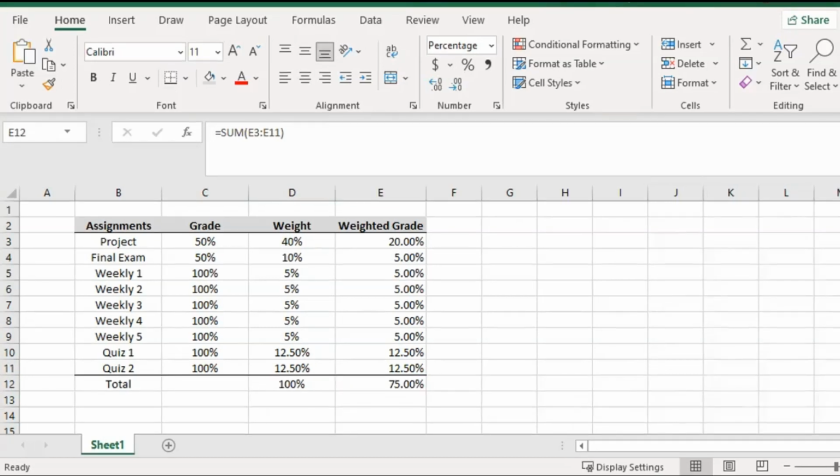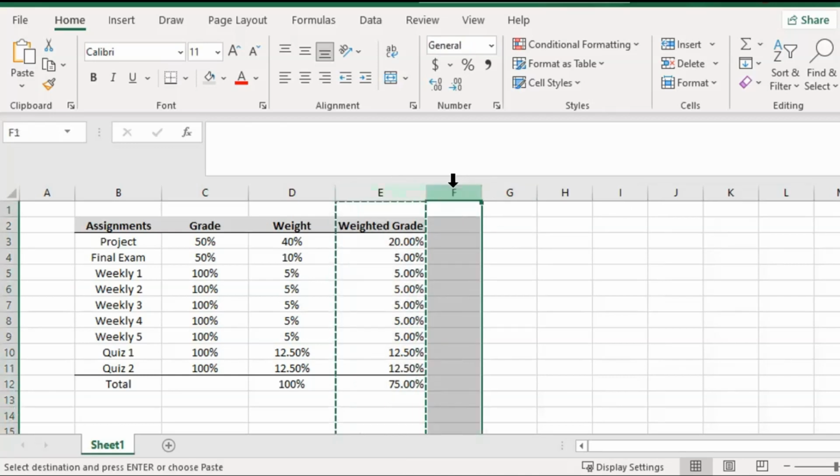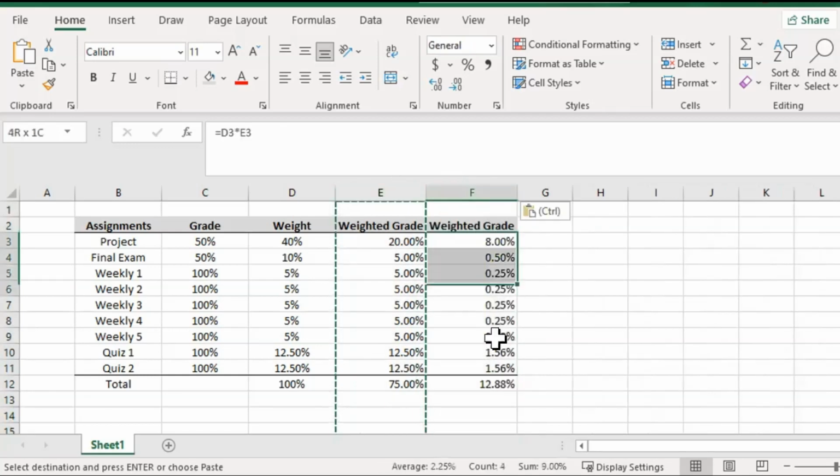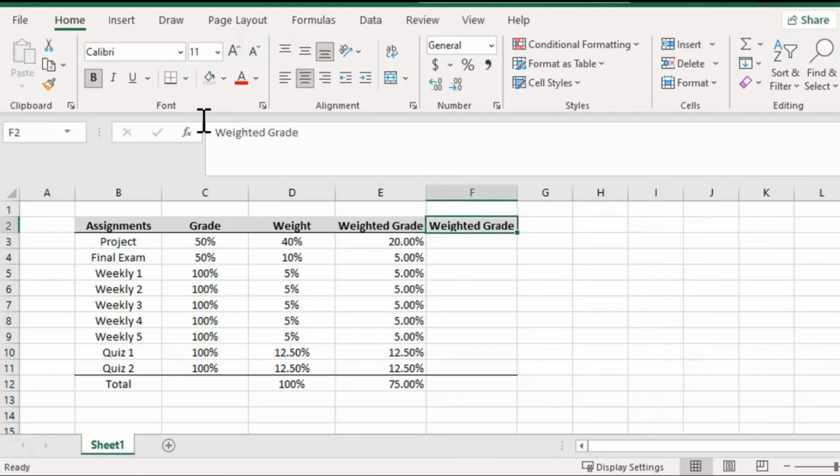One final thing that we'll want to do is to compare our weighted average with our unweighted average. To make this very clear, I'm going to copy and paste the weighted grade and then delete this so that we can fill it with what we actually want.